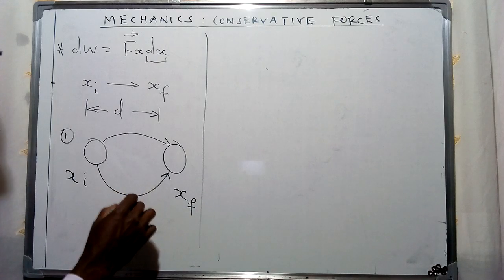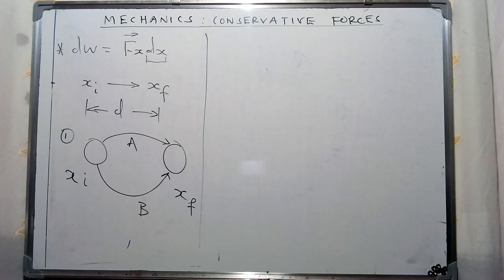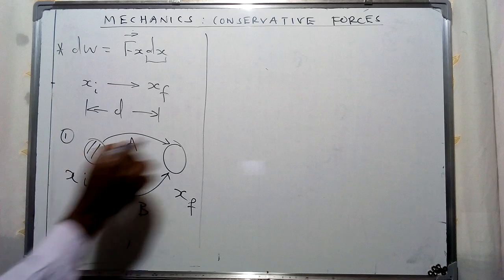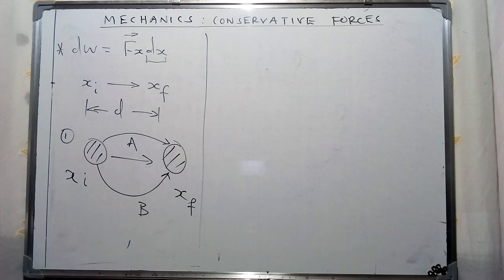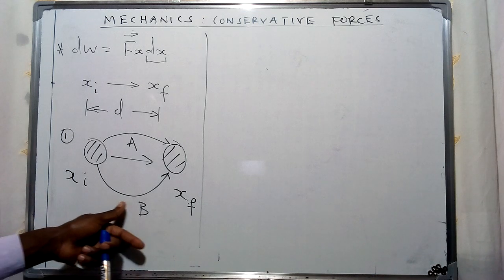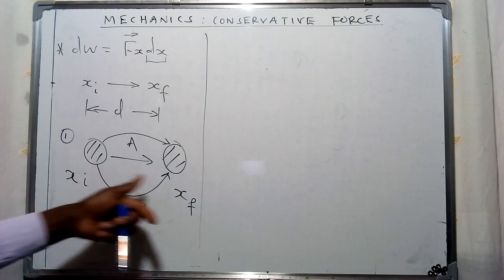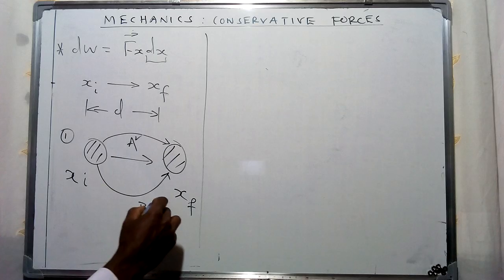If we consider the paths taken as A and B, we're going to see that for a conservative force, the work this specific force does on this object moving from the initial to the final position is going to be independent of the path taken by the object, if we consider 1 and 2.